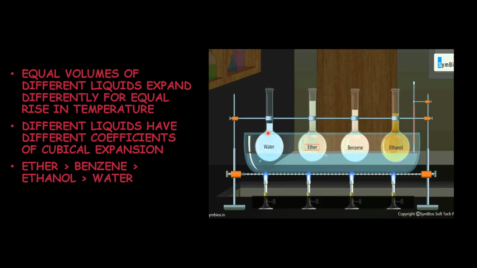Why is this happening? Just because the coefficient of volume expansion of ether is maximum and that of water is minimum. Which means that the greater the coefficient of expansion, the more will be the expansion observed in the liquid.